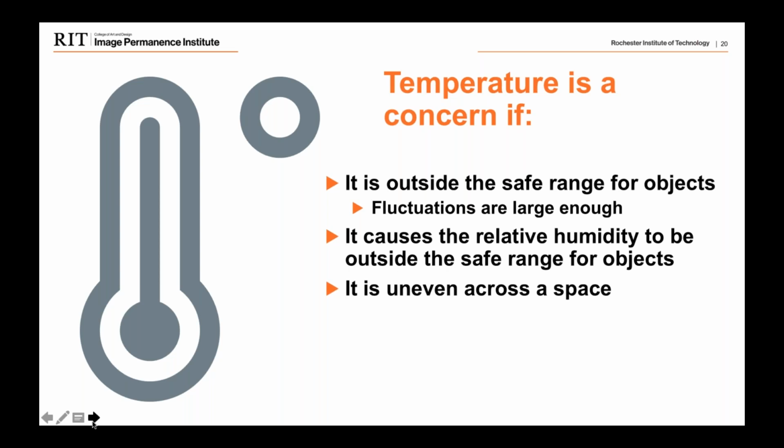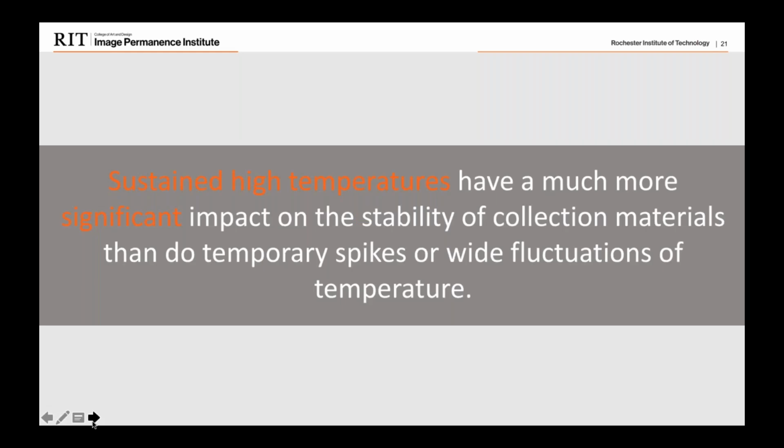So a lot of the reasons for concerns over temperatures have to do with its effect on relative humidity. And again, this main takeaway, it's the sustained high temperatures. So it's not brief fluctuations or fluctuations within a safe range. It's the sustained high ones that are going to have the most impact on the preservation of collections.